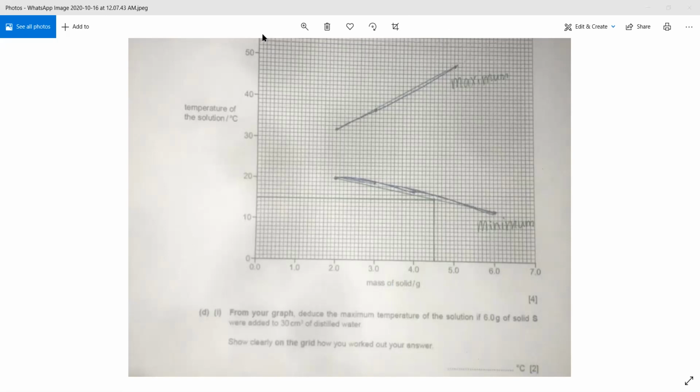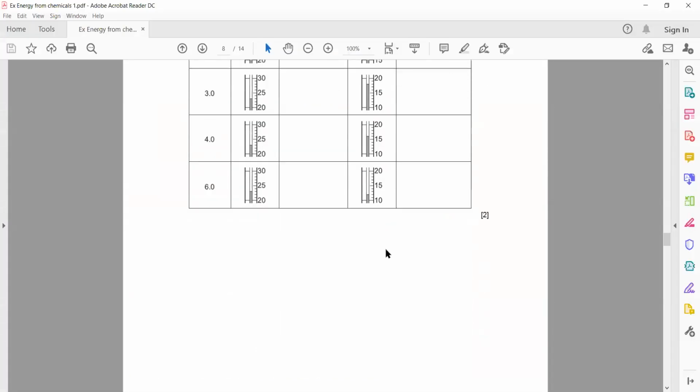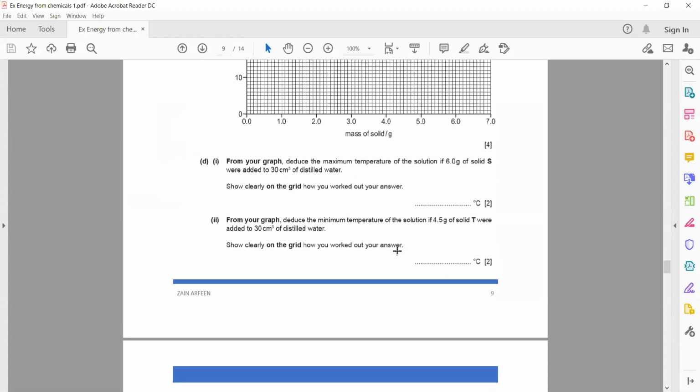And the second part is: from your graph, deduce the minimum temperature of a solution if 4.5 gram of solid T were added to 30 cm cube of distilled water. So how can you identify? You will draw a line from 4.5.